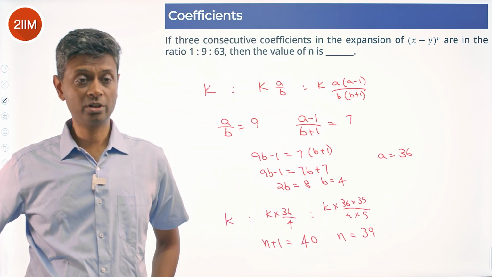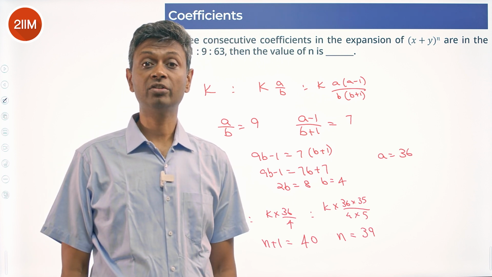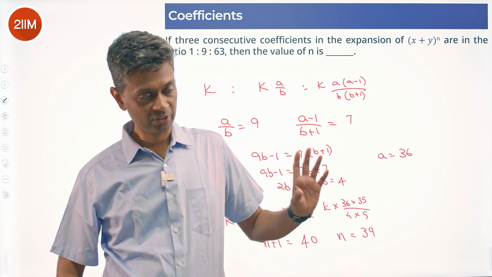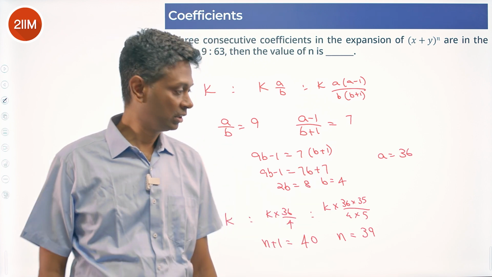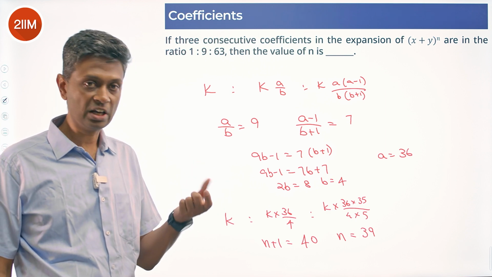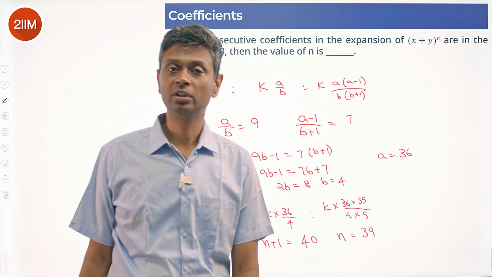Absolutely delightful question. If I'm doing 39Cr, 39C(r+1), 39C(r+2), somewhere along the way in that journey, they will be in the ratio 1:9:63.